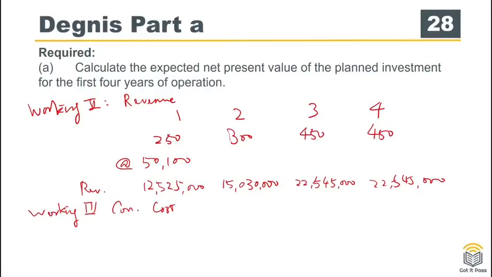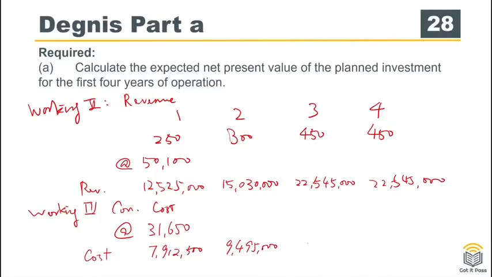The conversion cost for each unit is 31,650. So for the first year it should be 7,912,500. Second year, 9,495,000.